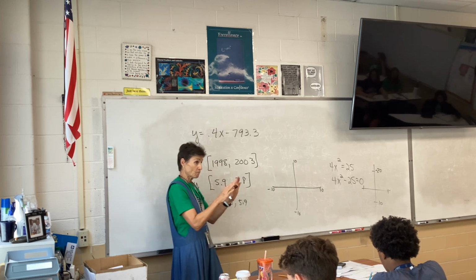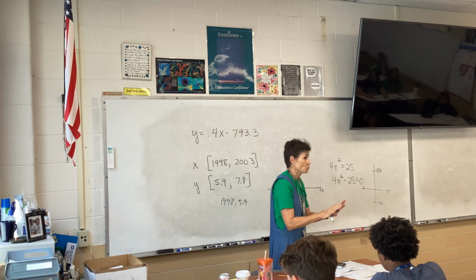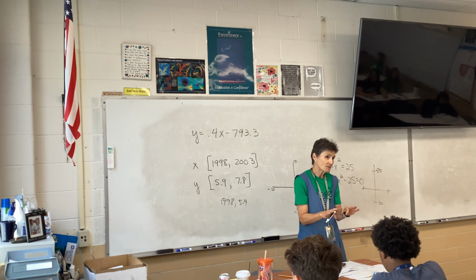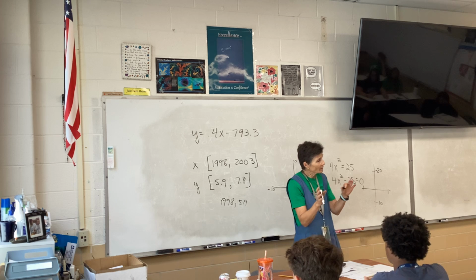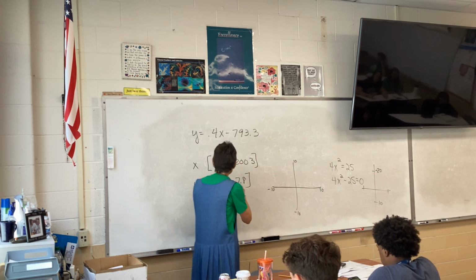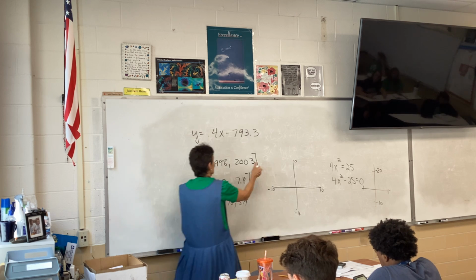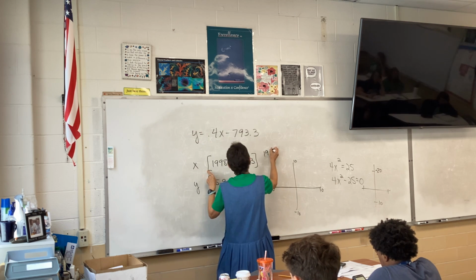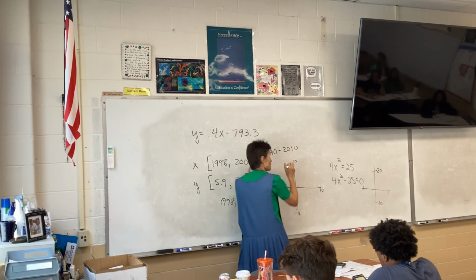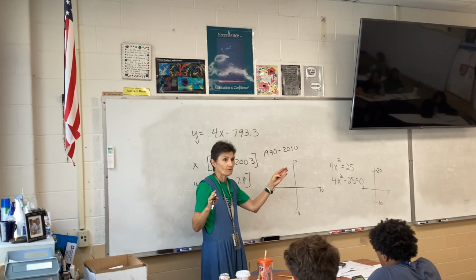No. So the first thing we're going to do is make sure that our window is appropriately sized. My recommendation is to go a little bit below and above the actual numbers you need. So maybe for our x's, we'll go from 1990 to 2010, just giving myself a little bit of room.